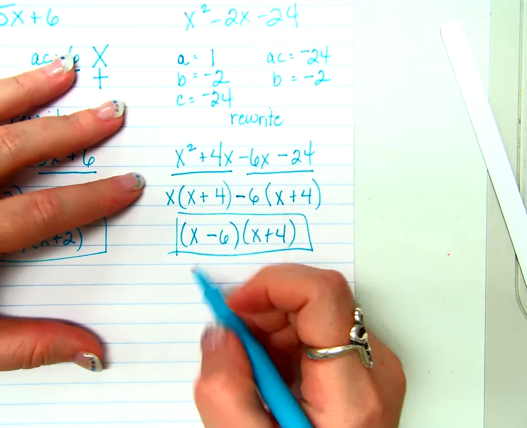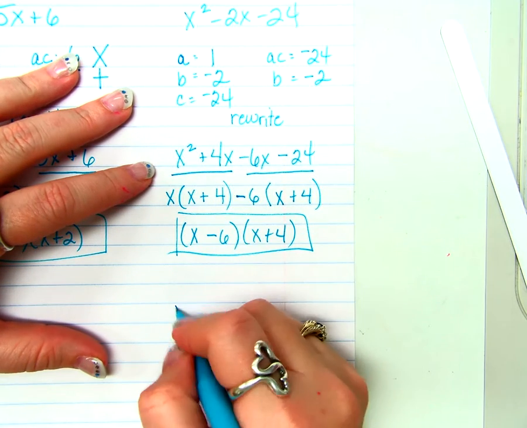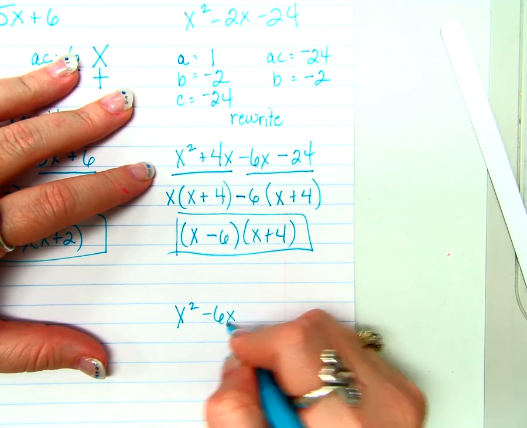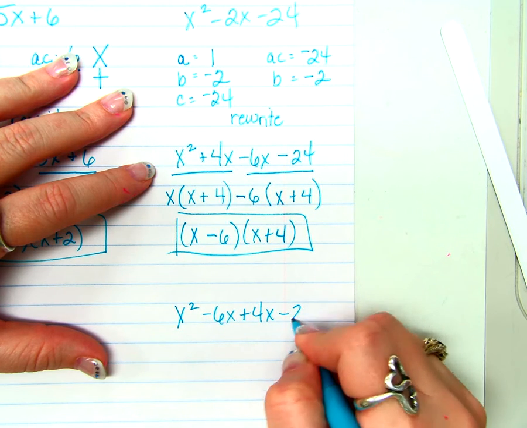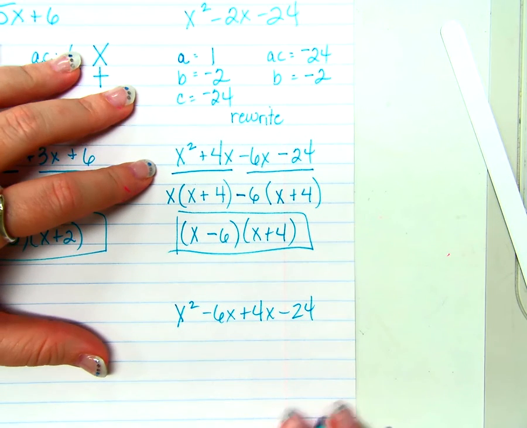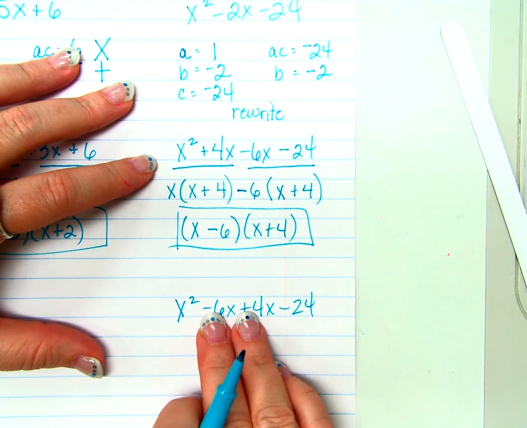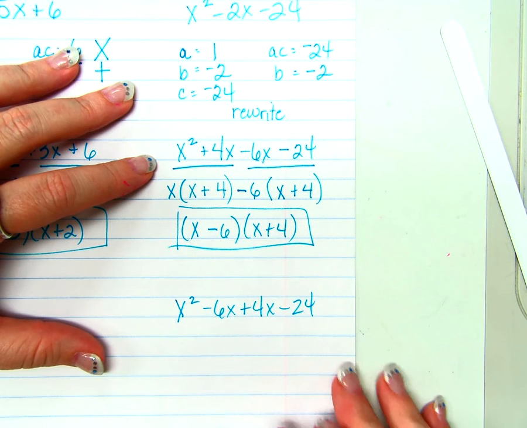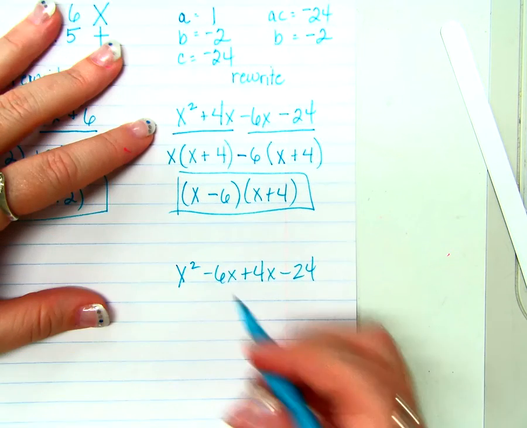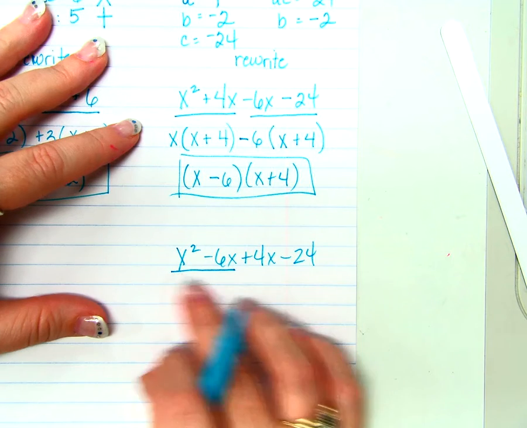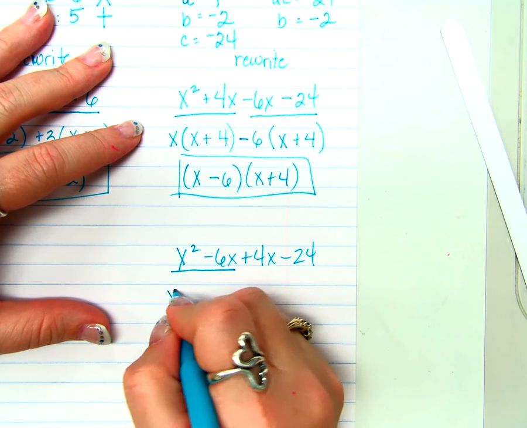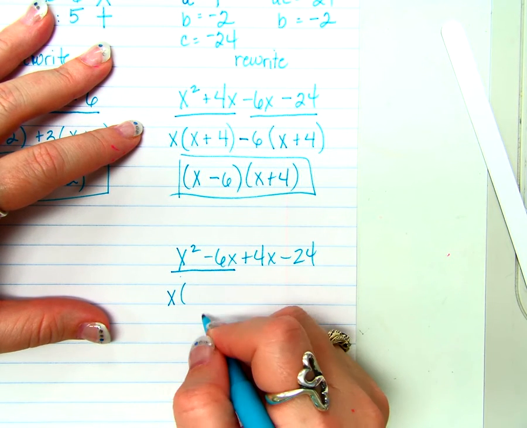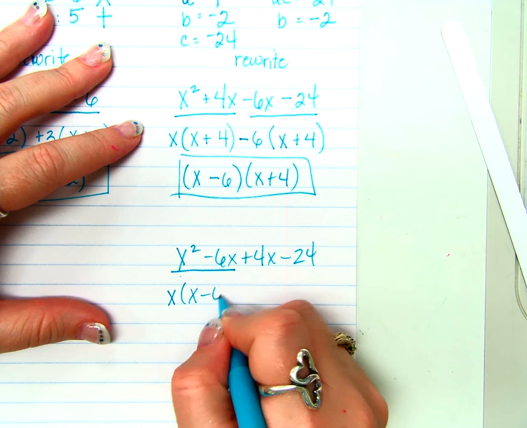Okay. So I want to just show you something real quick. What if I rewrote it like this? Did I change the problem any, or did I just switch the terms? I just switched the terms, right? So if I'm going to factor by grouping now, what's common in the first two terms? An x. What's left after I divide an x? Good. X minus 6.